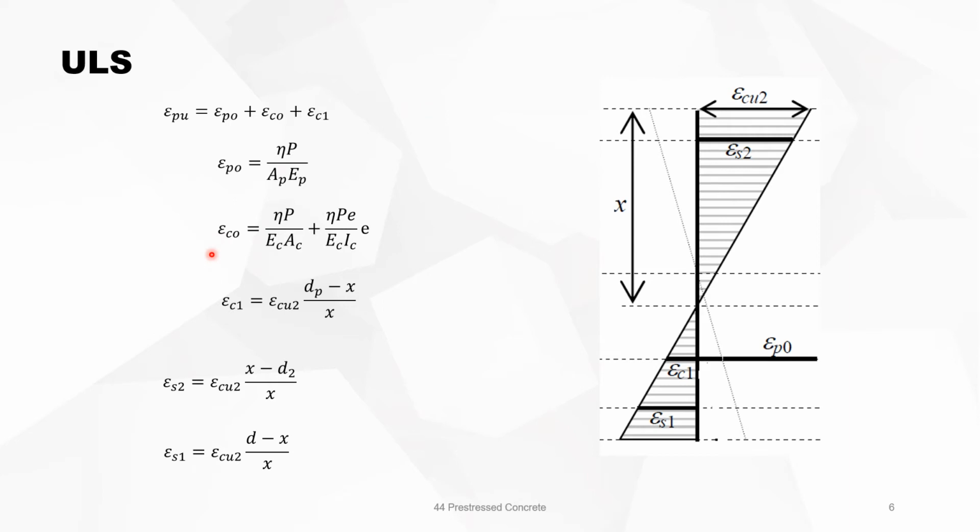Then you have the strain in the concrete due to the prestressing force and the prestressing bending moment. And then we have epsilon C1 due to the external loads. So it's the summation of the three. Epsilon S2 and epsilon S1, by similar triangles, you can easily derive them.